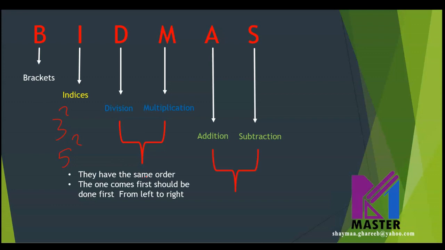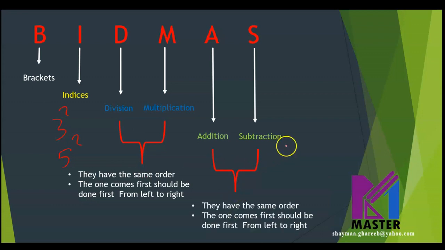And exactly the same for addition and subtraction. They both have the same order. Which one should I do first? The one that comes first from left to right. Is this clear? We need to keep this order in our mind because we are going to use it in solving all the coming examples. It's really important to know the order of each operation.